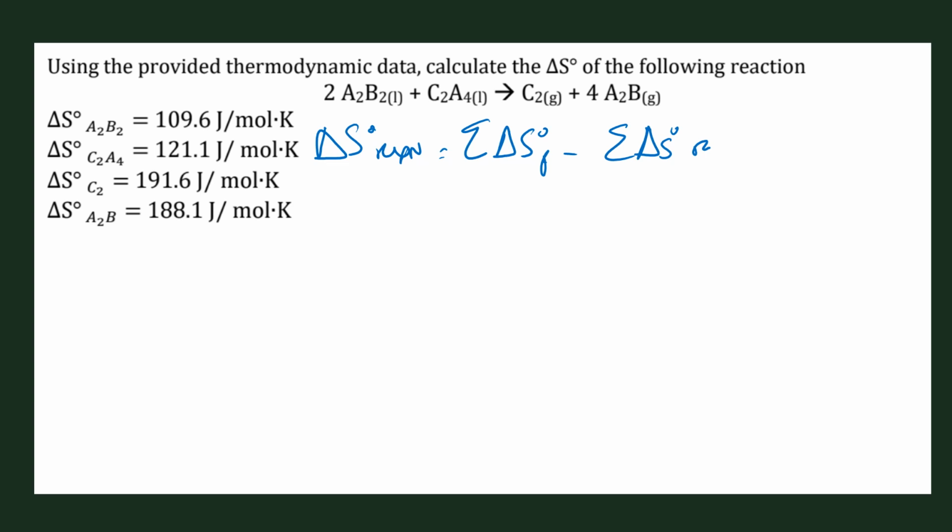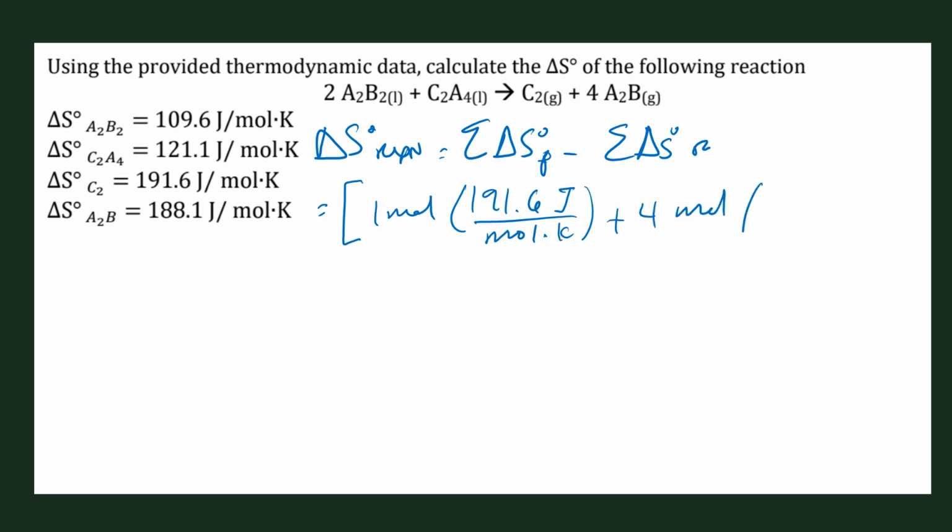Same concept. Luckily, the numbers aren't as big as the previous example. So this equals the sum of the products: 1 mole times 191.6 joules per mole times Kelvin plus 4 moles of A2B, which is 188.1 joules per mole times Kelvin, bracket, minus the same concept for the reactant side.